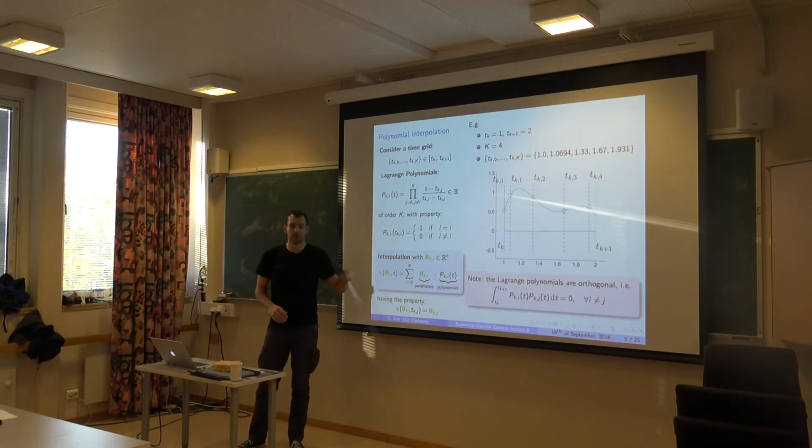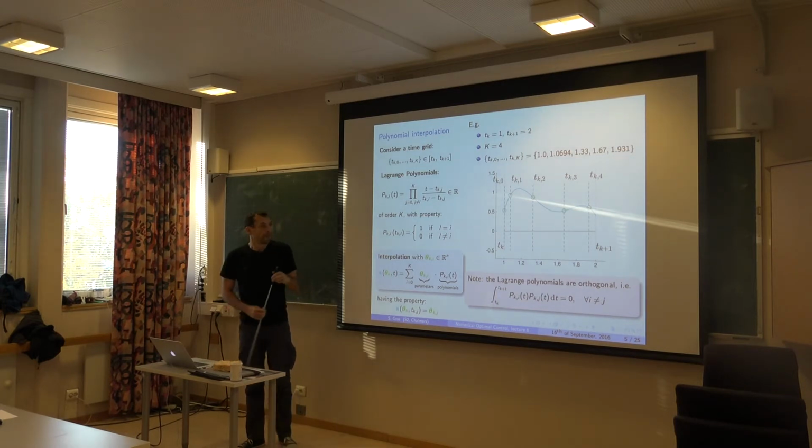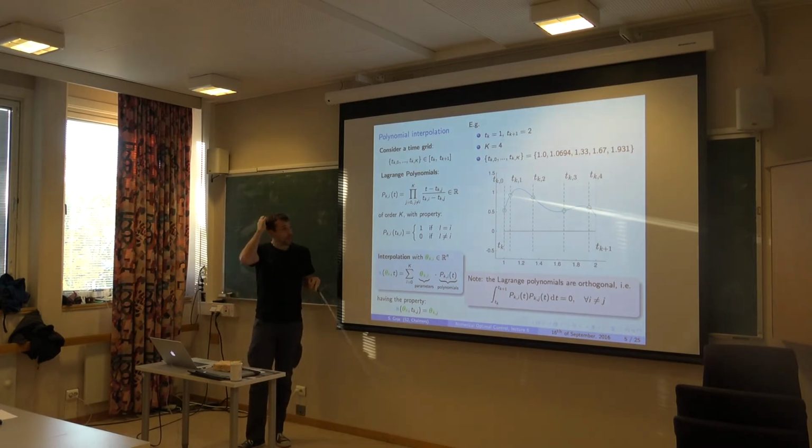Yeah, the orthogonality. And if you go really far into the theory of integration and quadrature, these guys have strong properties in terms of how accurate this interpolation will be. But they're also convenient in terms of conditioning.